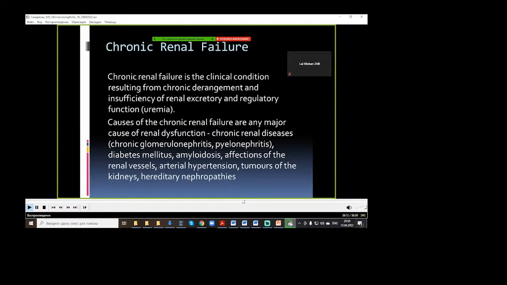Chronic renal failure is the clinical condition resulting from chronic derangement and insufficiency of renal excretory and regulatory function.